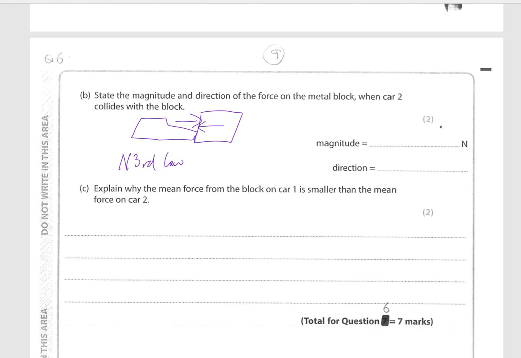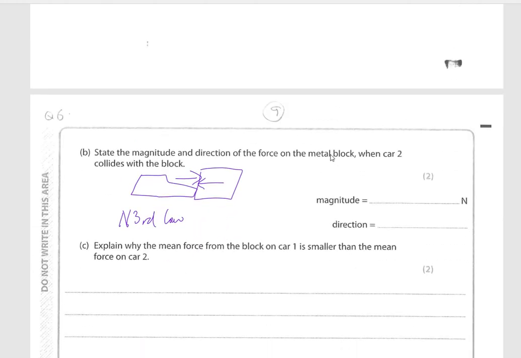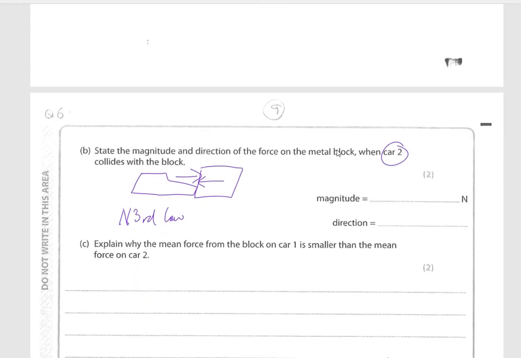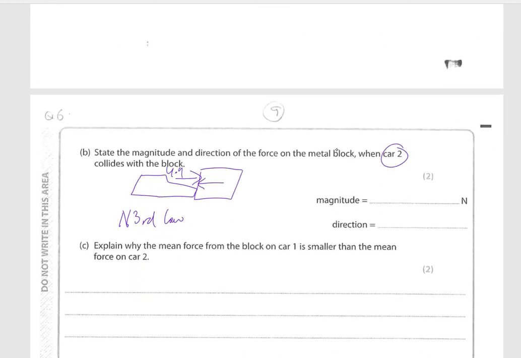So the force on the second car would be the same. Now the second car is applying 4.9, so therefore we go back to the diagram. So 4.9, so the block would also apply a force of 4.9, but in the opposite direction. So in this case on the left.